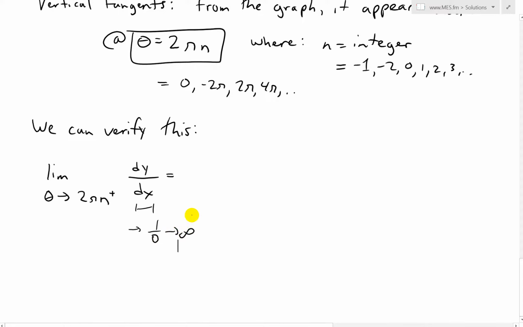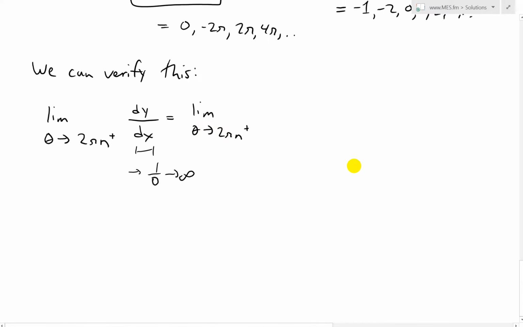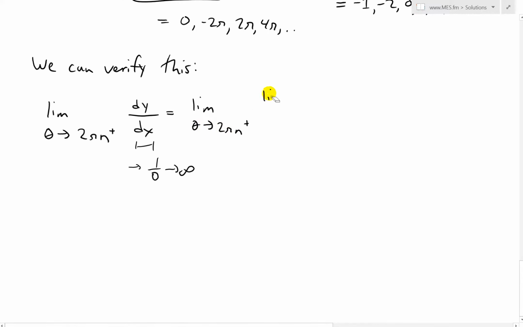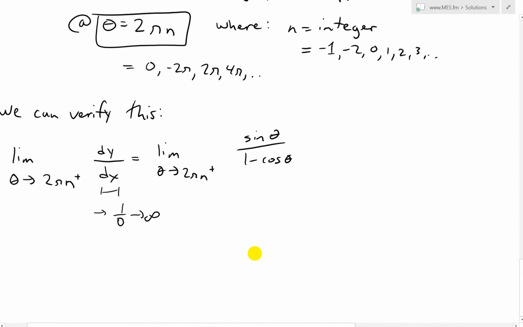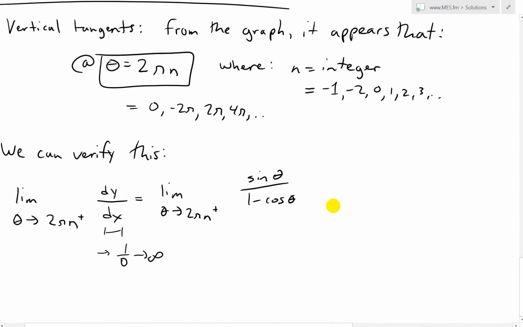So that's what we want, and we can plug that in. We have the limit as theta approaches 2 pi n from the right side, and the derivative is sine theta over 1 minus cosine theta. Since this is a multiple of 2 pi, the cosine is 1, so we have 1 minus 1 on the bottom, and the top is 0.